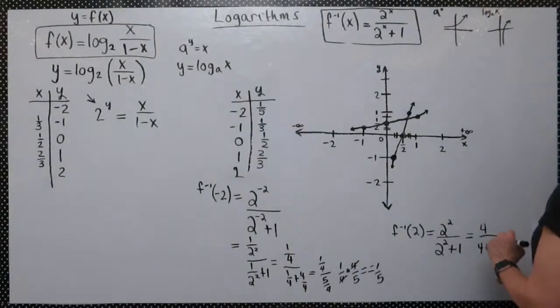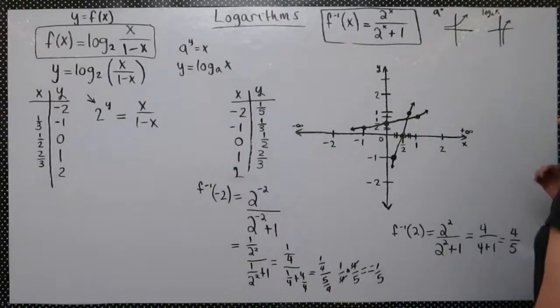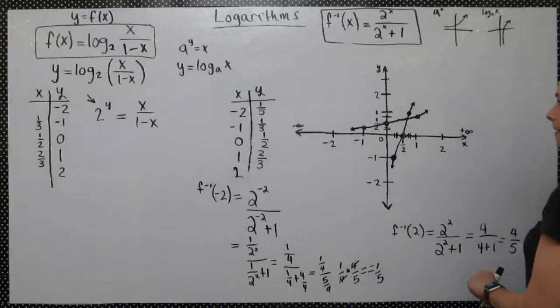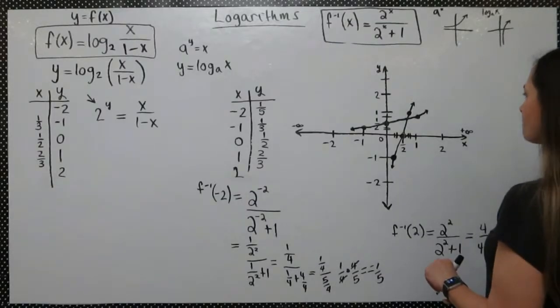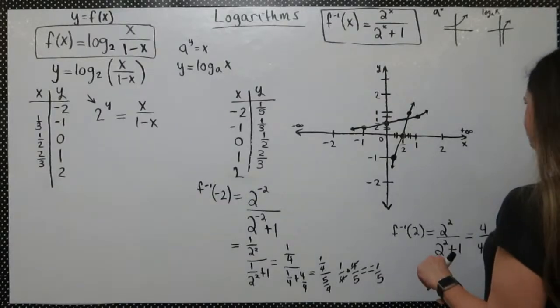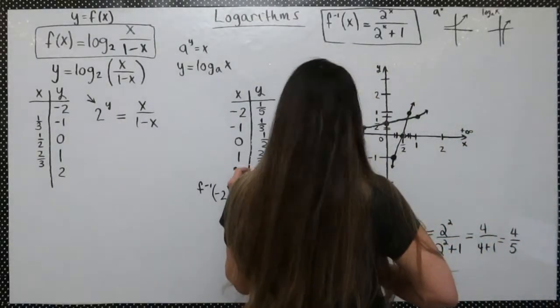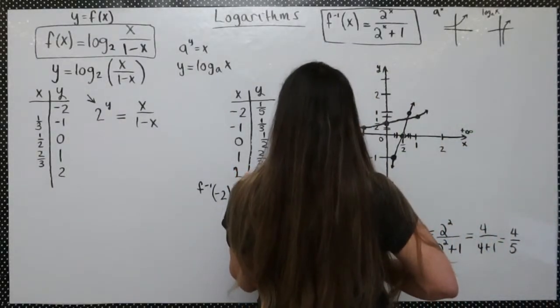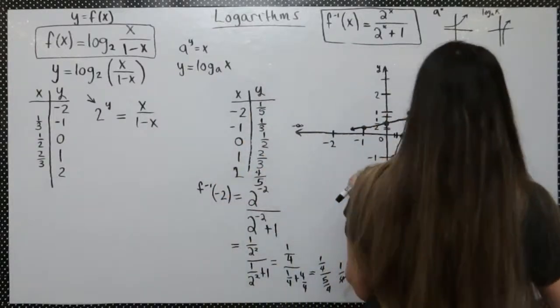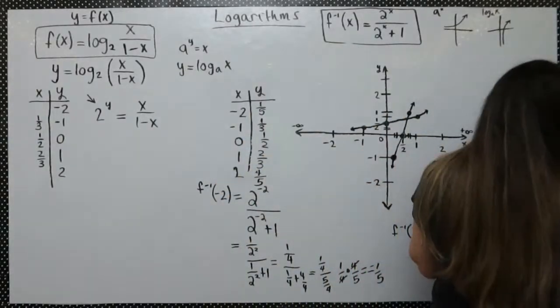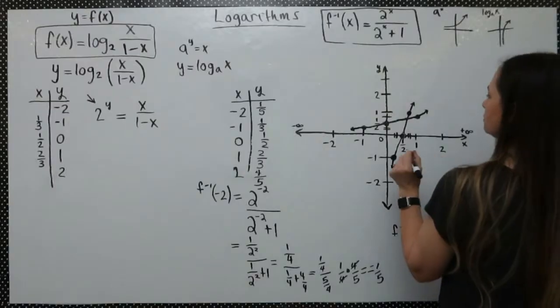So that is going to be 4 over 5. So at 2, right here, it looks like 4/5. It is not growing that much. So see, 4/5 is real close to 1.